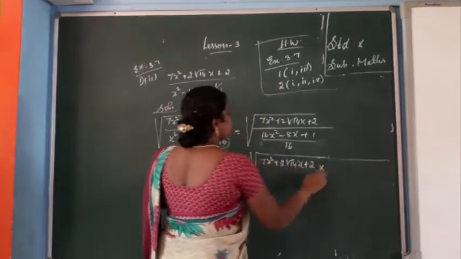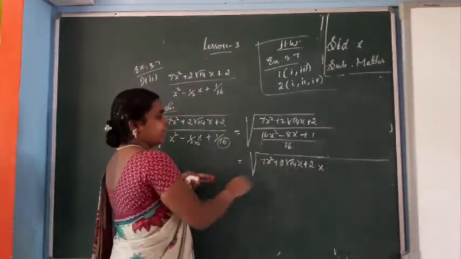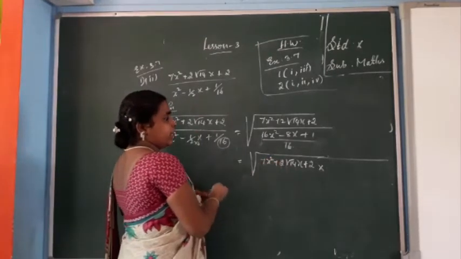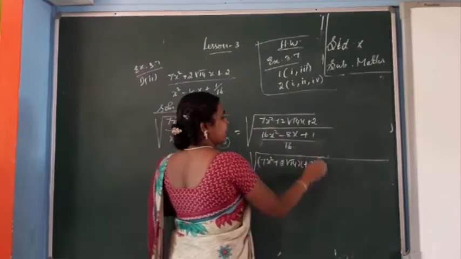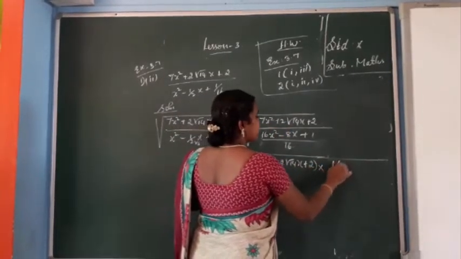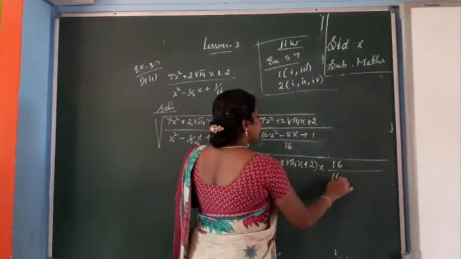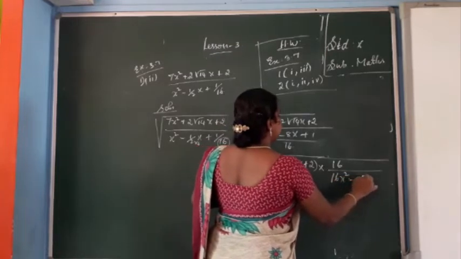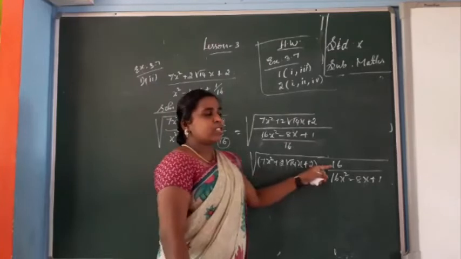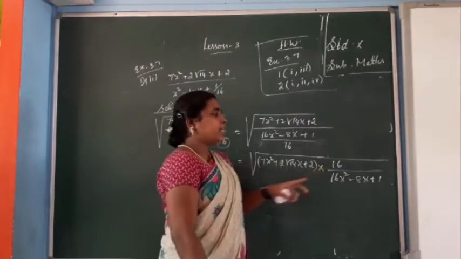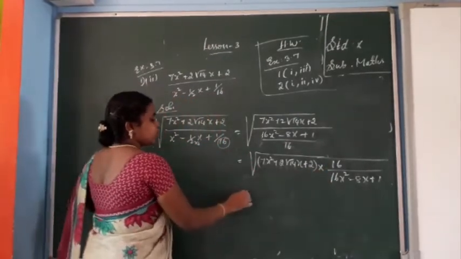For reference I am giving it lengthily, I can write it shortly but lengthily I am giving. So first part, instead of divide, the reciprocal of this, 16 by 16x square minus 8x plus 1, do you understand? Now root 16 value, root 16 is 4, 4 square, so 4.